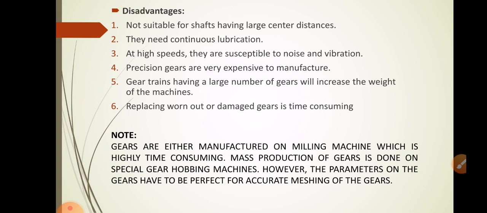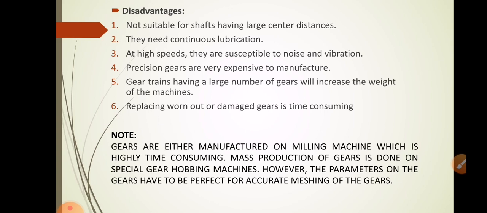But even in gear hobbing machines, when the gears are being hobbed or manufactured, the parameters have to be perfect so that the manufactured gears will mesh properly. The width of the tooth and the depth of the tooth and so on have to be perfect. Only then will meshing happen properly. So this is something which you can remember. They are called hobbing machines.